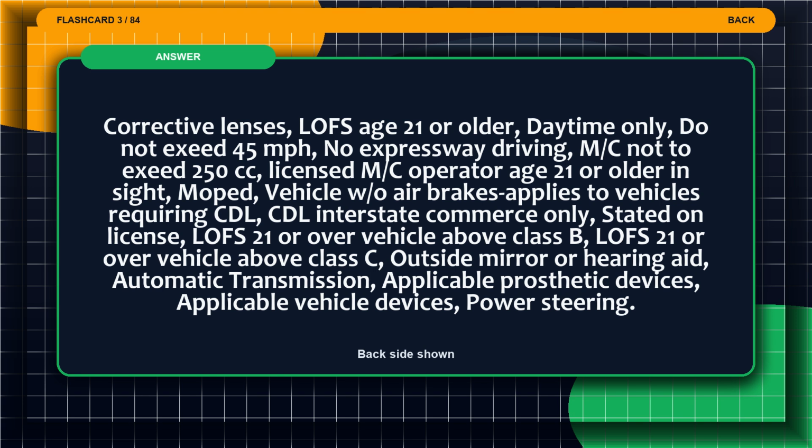CDL interstate commerce only, stated on license, loss of 21 or over vehicle above Class B, loss of 21 or over vehicle above Class C, outside mirror or hearing aid, automatic transmission, applicable prosthetic devices, applicable vehicle devices, power steering.